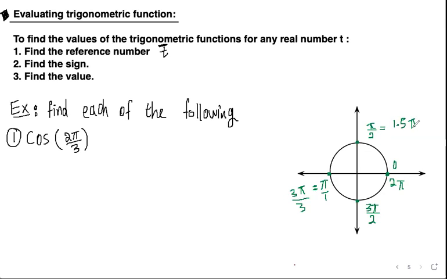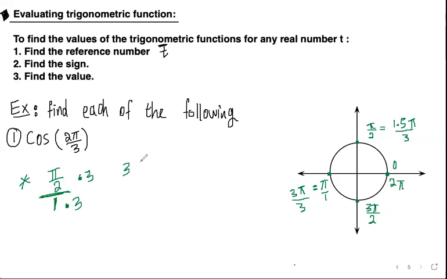pi over 3. How do I know pi over 2 is 1.5 over 3 pi? I'm going to do it here. Pi over 2 over 1. Multiply this by 3, multiply this by 3.